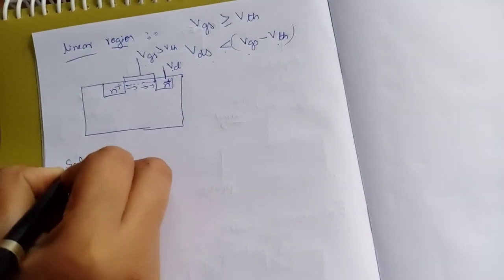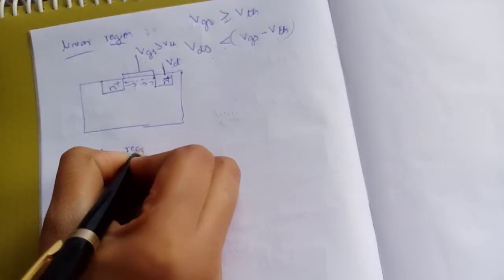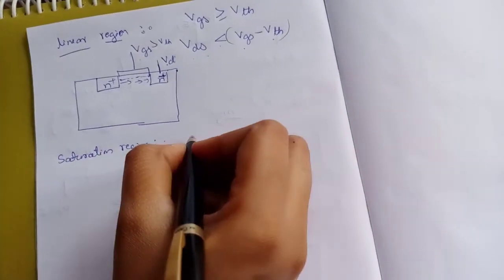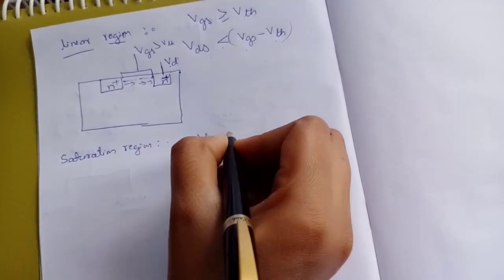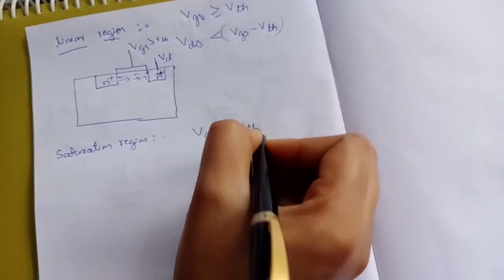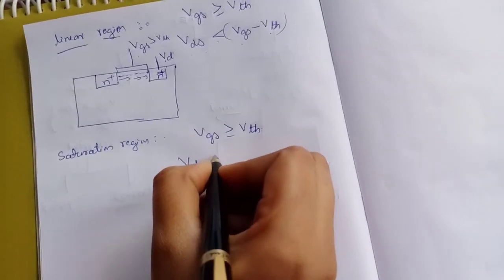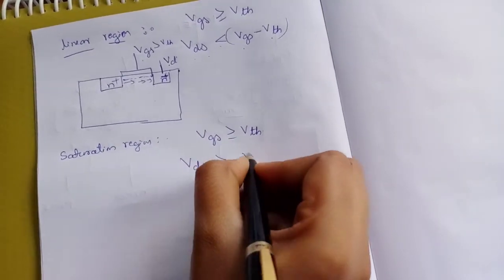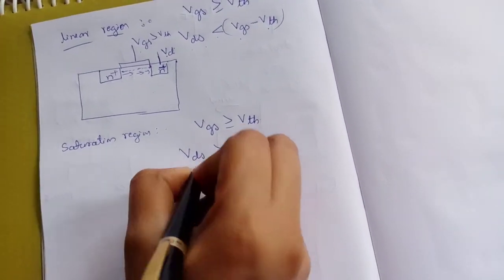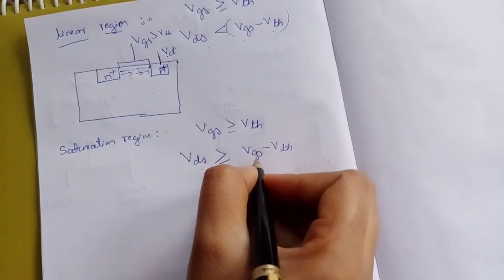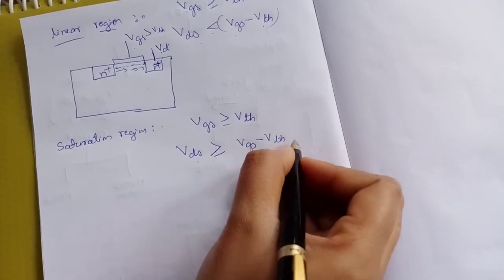Coming to the saturation region. In the saturation region, the first condition is VGS should be greater than VTH, that is, the MOSFET should be in the on condition. The second condition is VDS should be greater than or equal to VGS minus VTH.